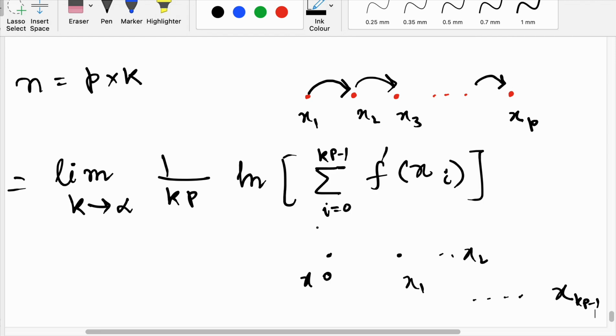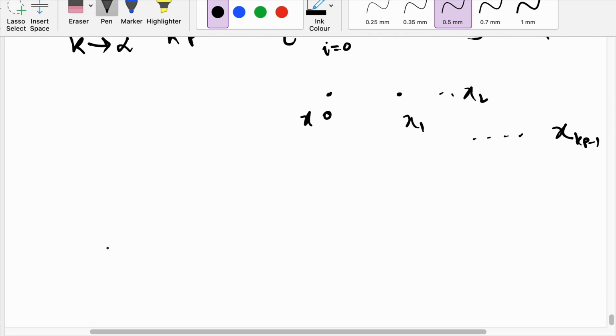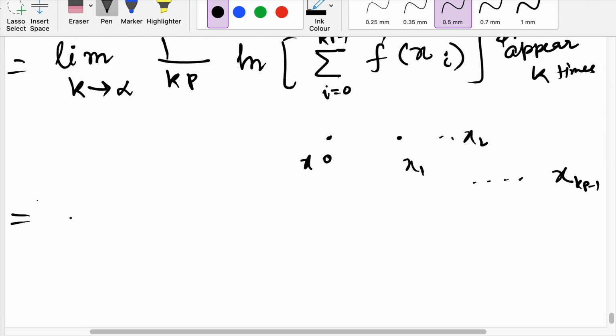Out of the kp points, every p points are the same, so this group of points appears here k times.